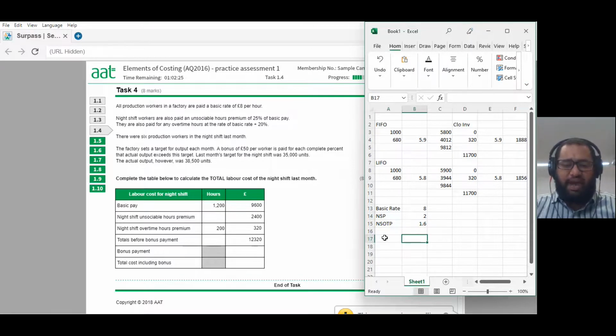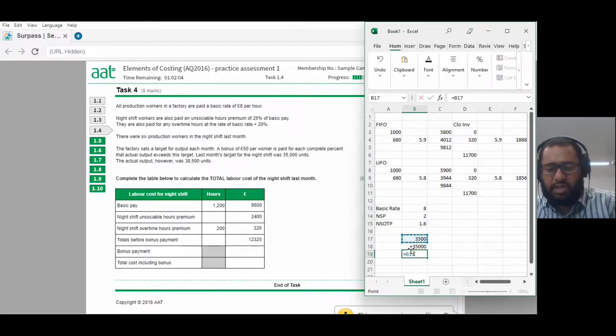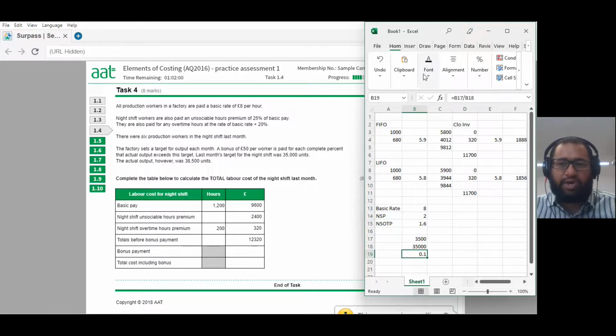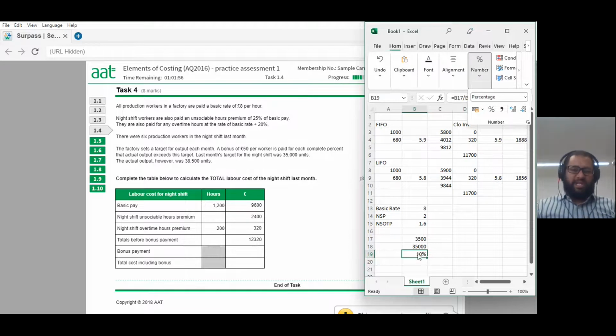So the excess they have made is going to be 38,500 minus 35,000. Let me put a formula there. Okay, so this is the excess. The target was 35,000. So what is the percentage they have exceeded by? Easier way to do it is equal to this, divide by that, and we change that to a percentage. So here, if you change to a percentage, it is 10%.